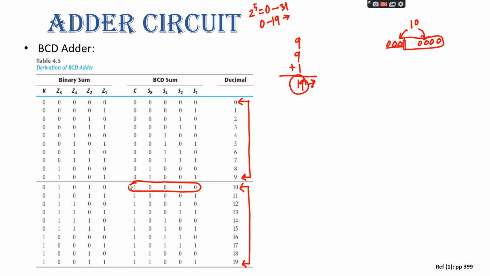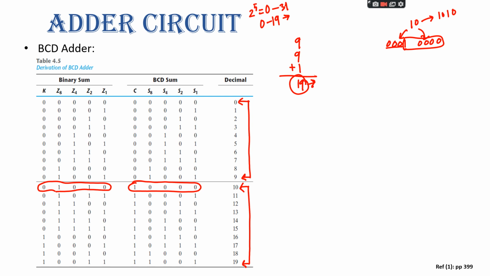Yes, sir. And for the binary number, what is the value of 10? 1010. So they put 1010 here, and they put a 0 in front for the carry. Similarly, you can write all the numbers in the binary form and the BCD form, right? Yes, sir.